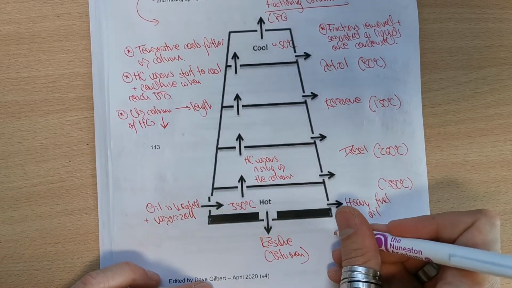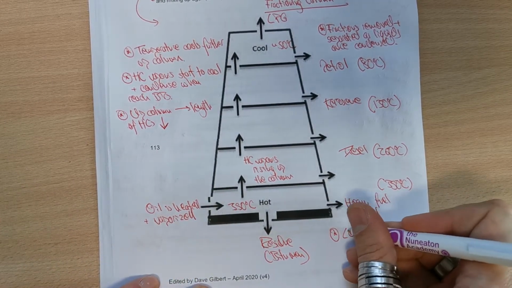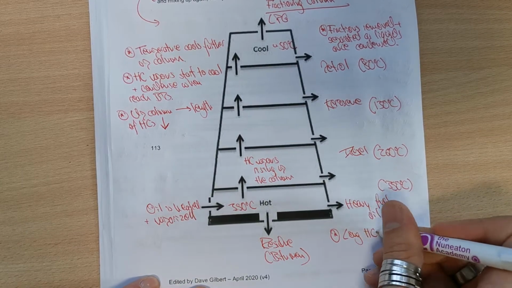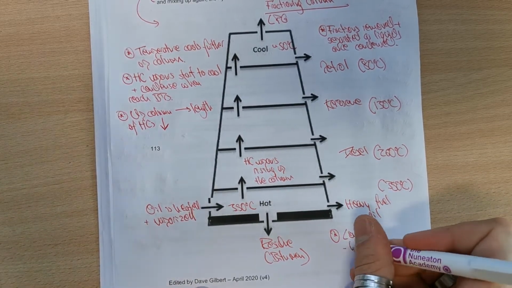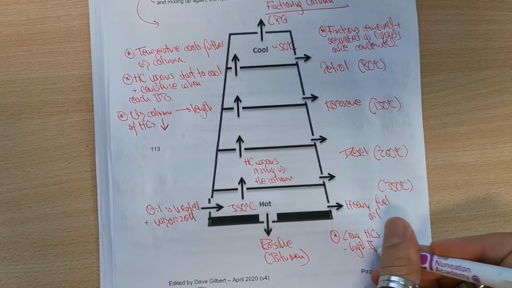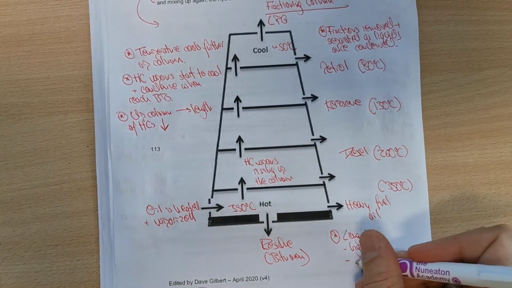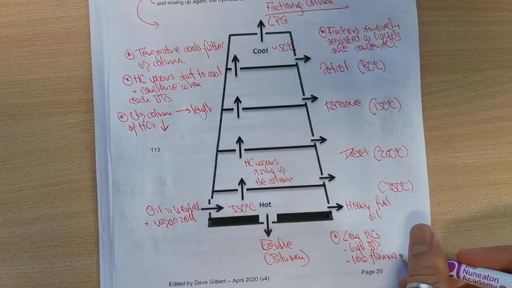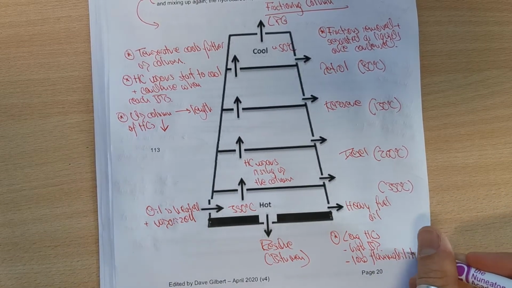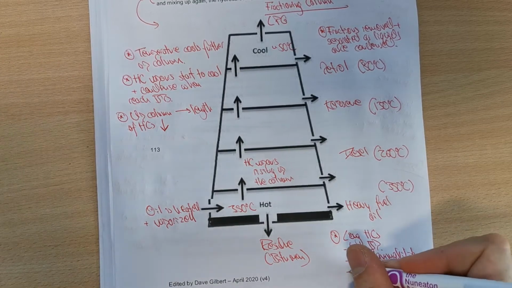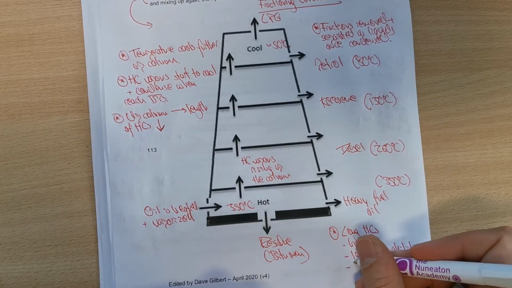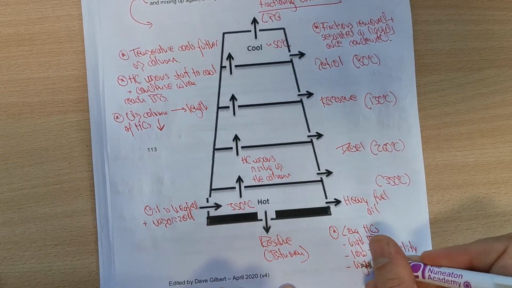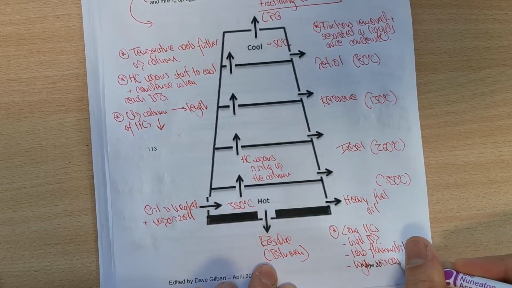So, down the bottom, you have long hydrocarbons, and because they are long, they have a high boiling point. They have a low flammability, so they're hard to set on fire and combust because of their high boiling point. They're really viscous, so that means they're really sticky, so they have a high viscosity.